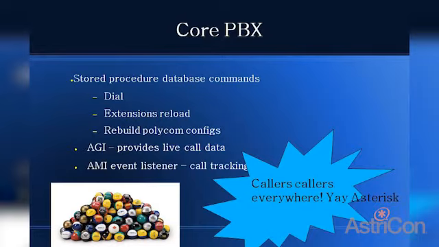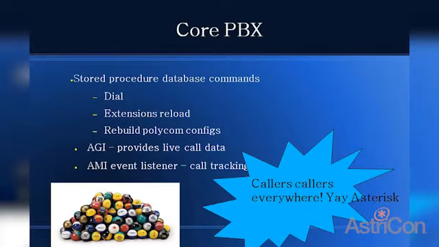So the core PBX. So this is how you make your database dial. You can have stored procedures that dial, like we have triggers on our extensions. So we store all the extensions. We basically store all the Asterisk config in our own custom schema.